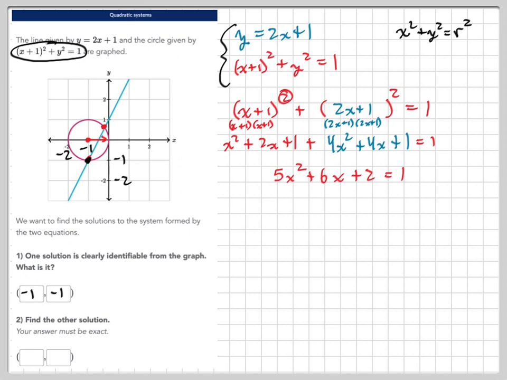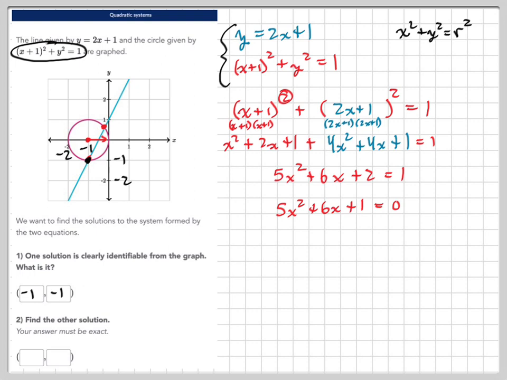After combining like terms, I realize this is a quadratic. I must set this equal to 0 and then use the zero product property to solve it. So I'm going to subtract 1 from both sides to make it equal 0, and then start my factoring process. There are different methods to factor quadratics.